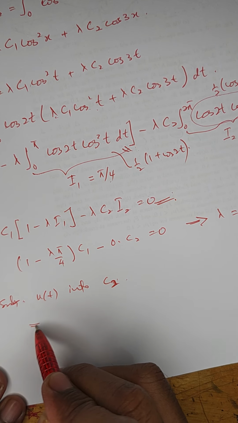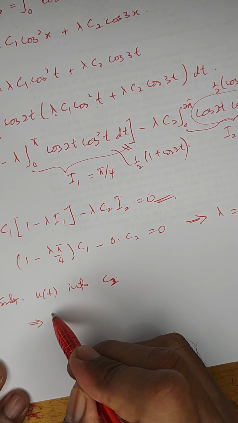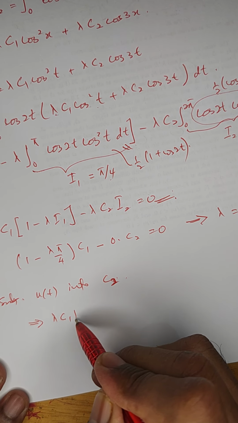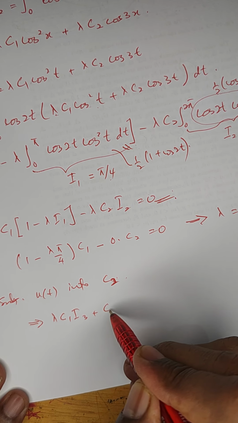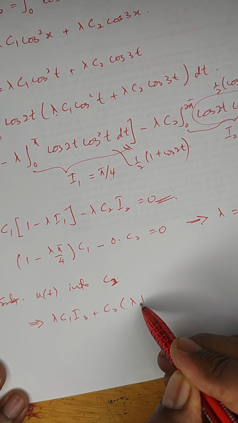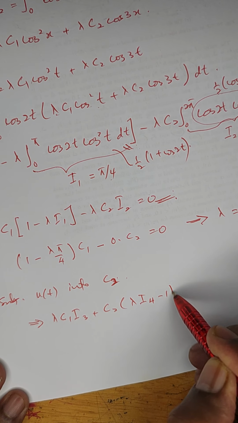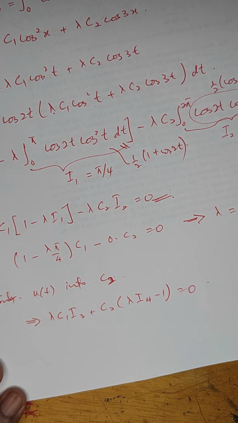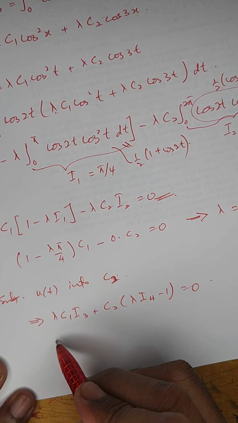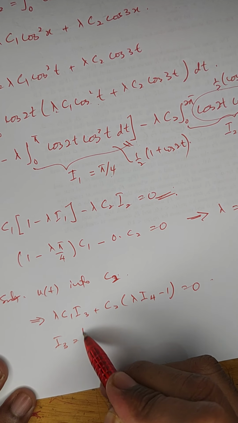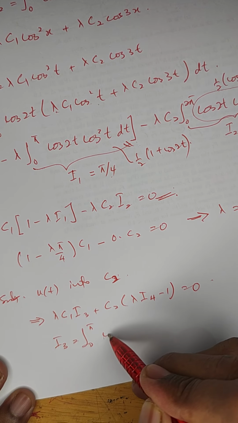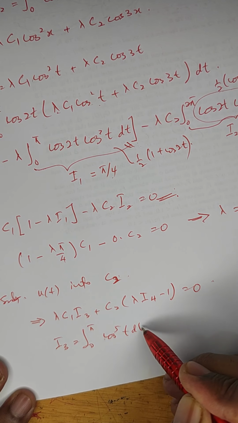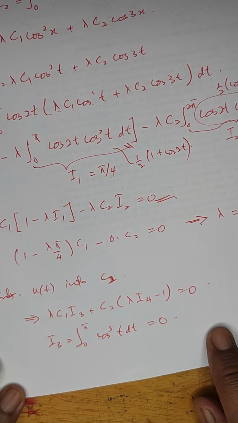So you have lambda C1 I3 plus C2 lambda I4 minus 1 equal to 0, where I3 is the integral from 0 to pi of cos 5t dt. If you evaluate that, it gives you 0.